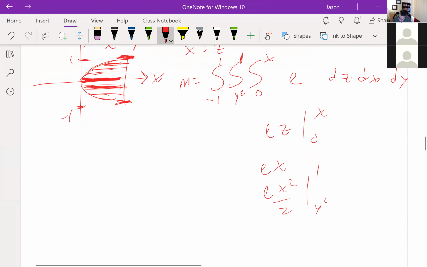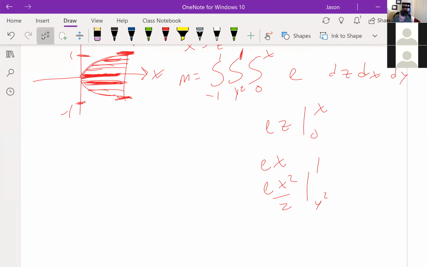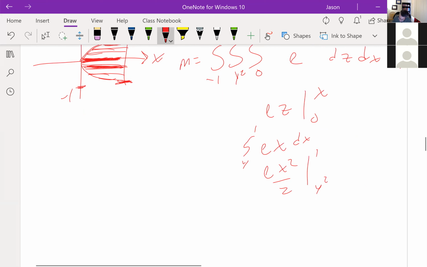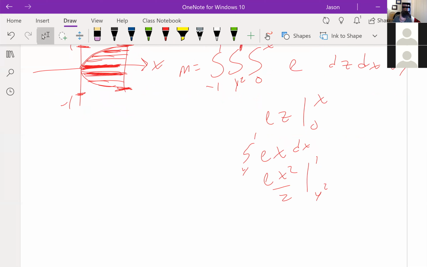Sorry if I'm skipping steps, I'm just trying to save some time. Plug in 1 for x, and this is going to be rho over 2 minus y to the 4th over 2, right?